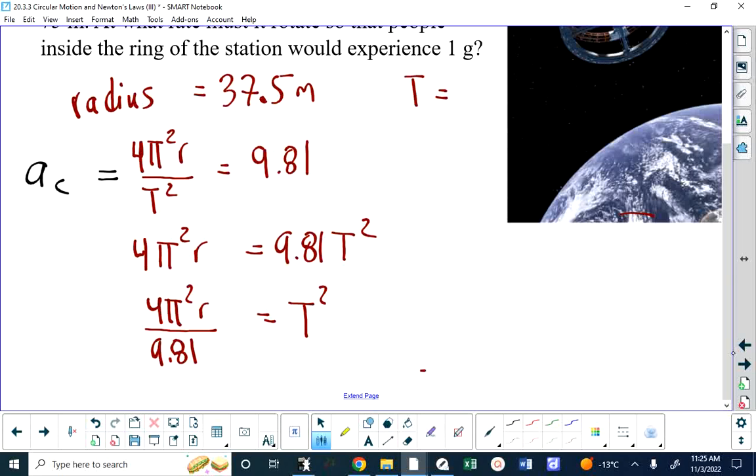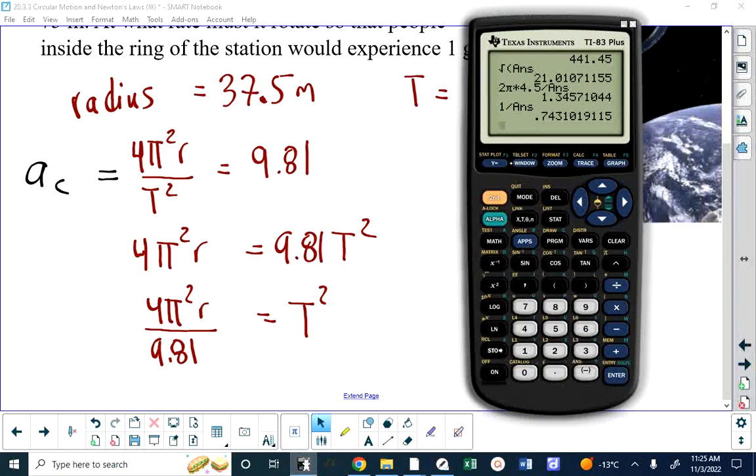If we want the centripetal acceleration to match the acceleration due to gravity, then that's why we're setting them equal to each other. What do we get here? 4 times pi squared times 37.5 divided by 9.81. Take the square root.